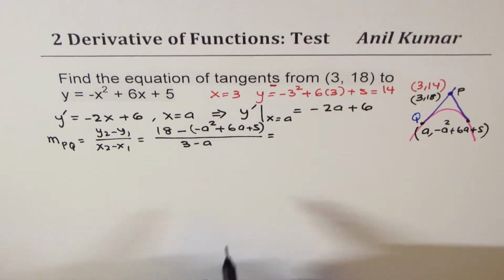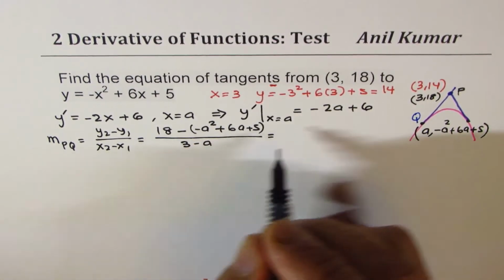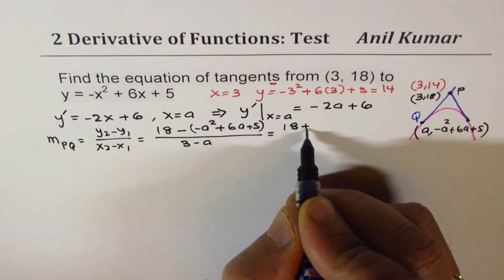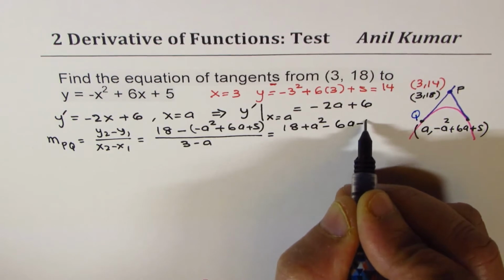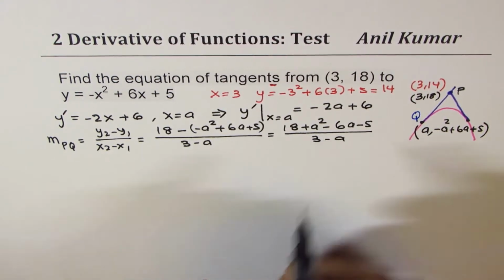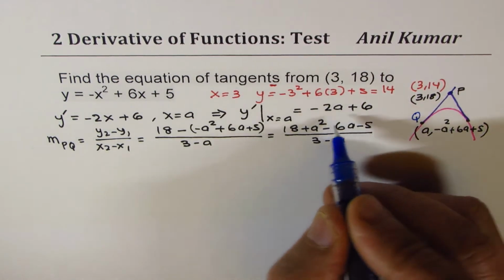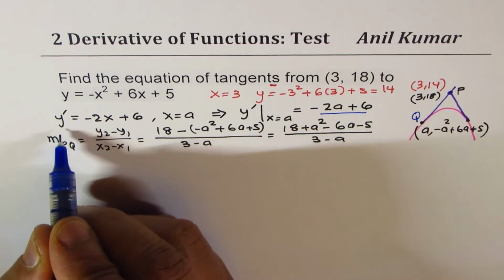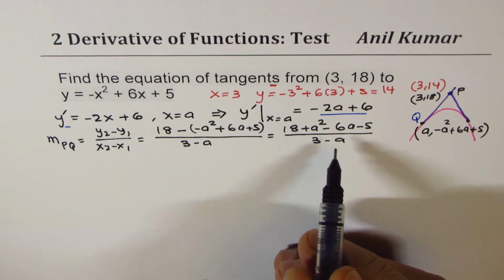Now let's simplify this. We get 18 plus a squared minus 6a minus 5 over 3 minus a. Now clearly these two slopes should be same, right? So y dash and m PQ should be same. So we can equate them and solve for a.